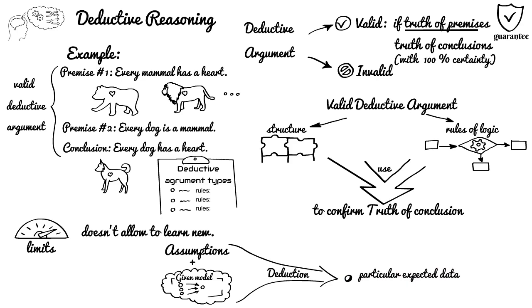As a result, narrowing cannot help to learn something new, but it can allow us to achieve a result of deduction, in particular to conclude or to find expected data. Like, for example, making explicit the outcome that dogs should have hearts. The initial given model has more room to potentially place hearts inside other mammals, which were not discussed within the argument explicitly.